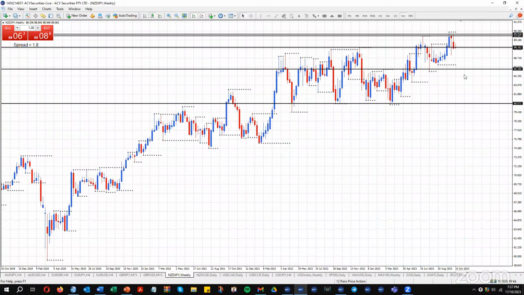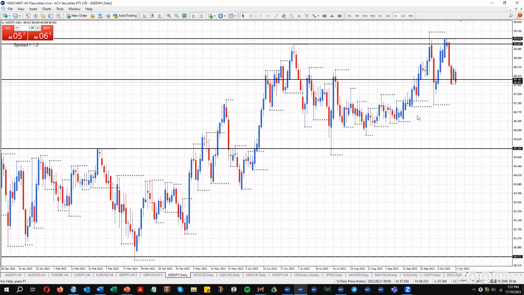Right, so New Zealand yen. We had a very negative week last week. As I've been saying in some other pairs, I will be looking to the high end of the range of the week before. That overlaps with some kind of resistance.